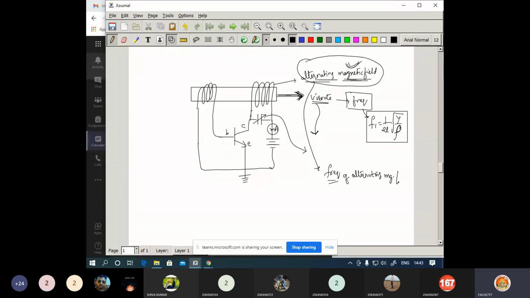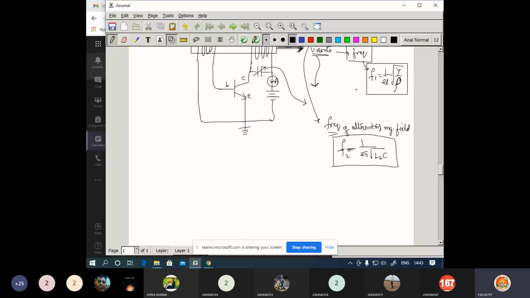The frequency of the alternating magnetic field can be given as 1 by 2 pi root LC. So this is the frequency of the alternating magnetic field. Consider this as F2. You need to understand this is a constant value.